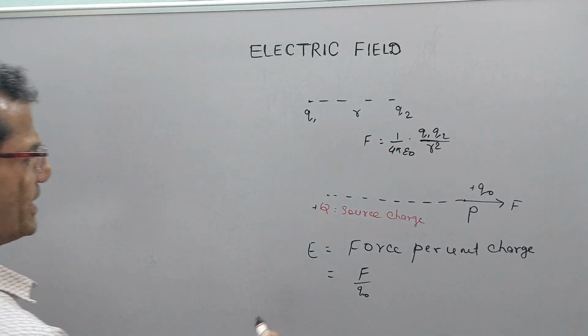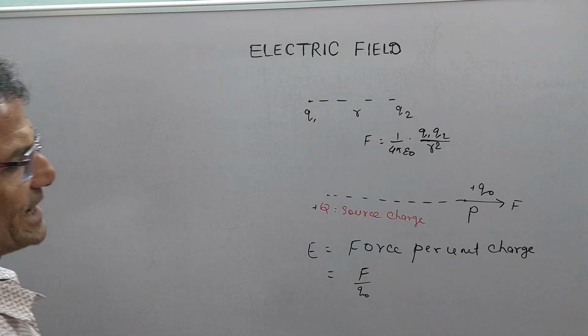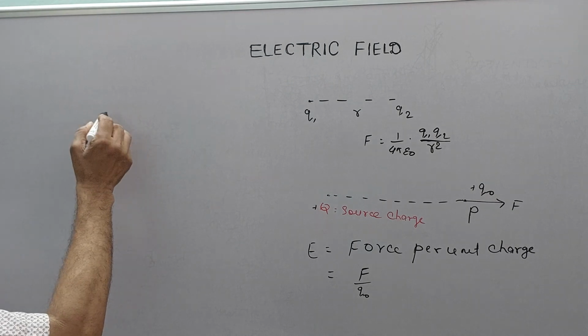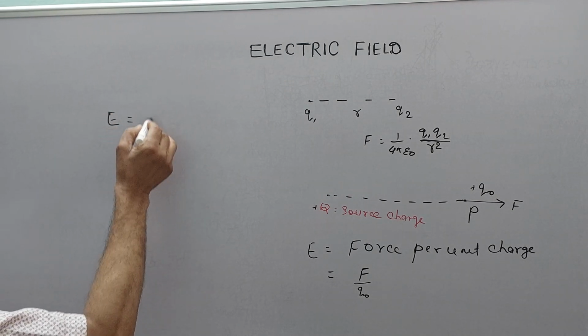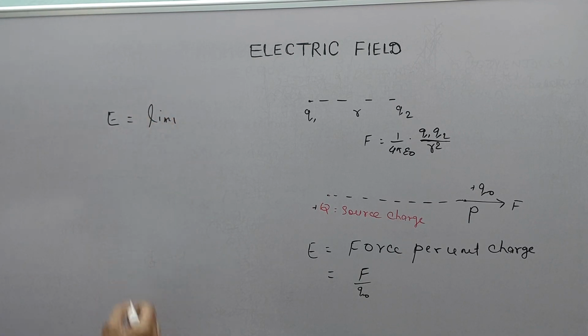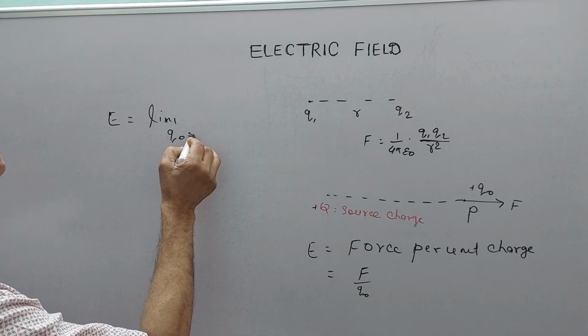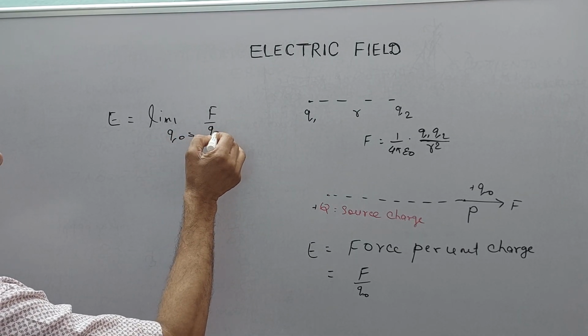Therefore, by the definition of the electric field, we are measuring the electric field of this source charge capital Q. The electric field is a vector quantity. So, limit Q naught tends to 0, of F divided by Q naught.